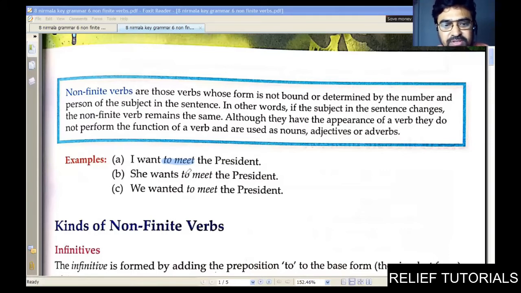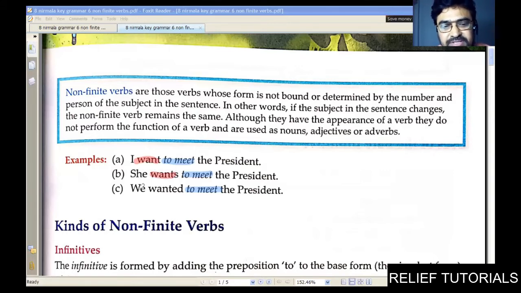Here you can see in all these sentences, this finite verb changes its form. Here it is because of I, so it goes with want. When the person is changed to she, a third person, it changes into wants.